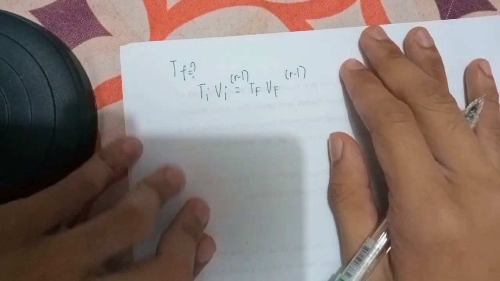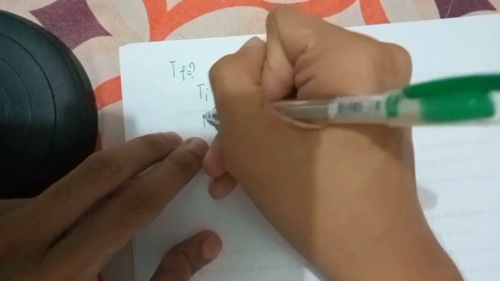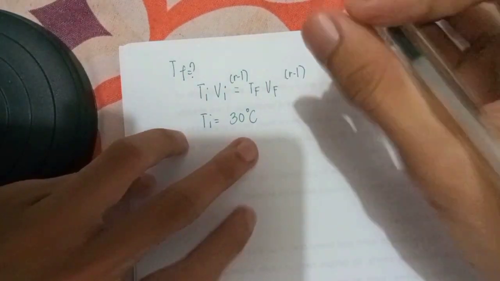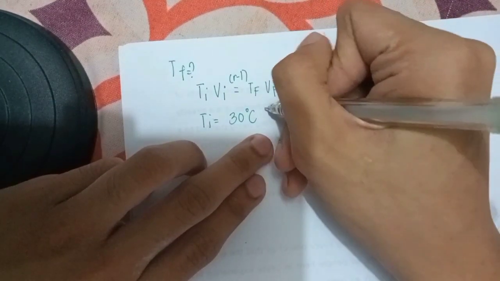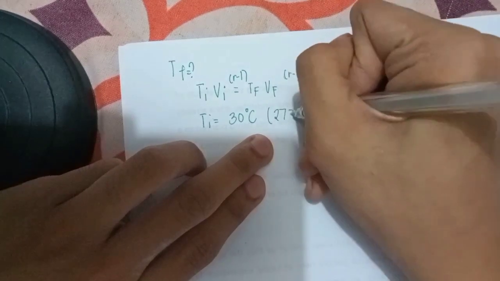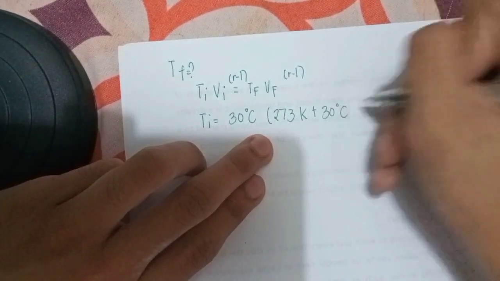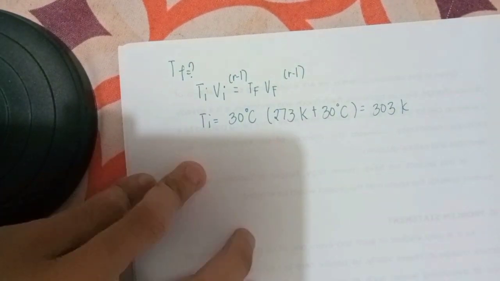But first, we have to list the givens. We have the initial temperature equal to 30 degrees Celsius, but we have to convert it into Kelvin. So we simply add 273 Kelvin plus 30 degrees Celsius, which is equal to 303 Kelvin.